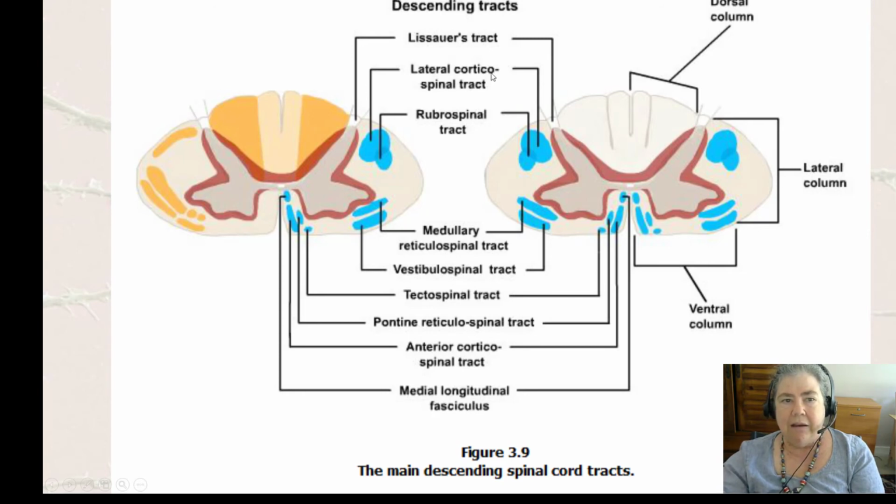So instead of spinothalamic tracts, these are corticospinal. These are fibers that are passing directly from the cortex to the spinal cord. Rubrospinal, they're coming from the red nucleus. Medullary, they're coming from the medulla. Vestibulo, these are largely from the cerebellum. So there are many descending tracts, and they're named by where they start and where they end. So here's an anterior corticospinal tract.